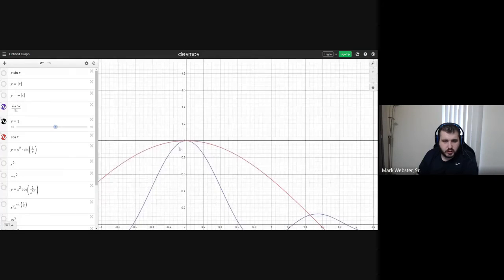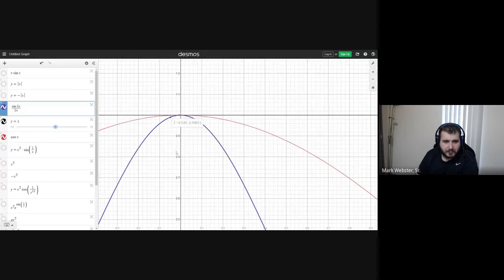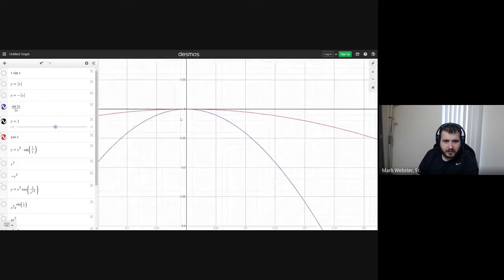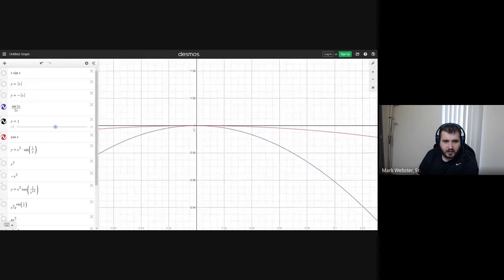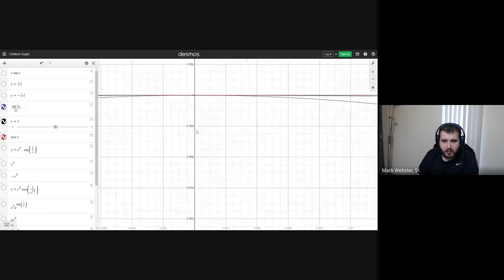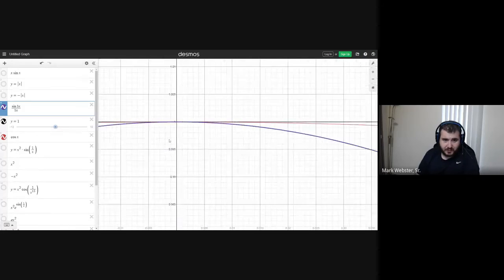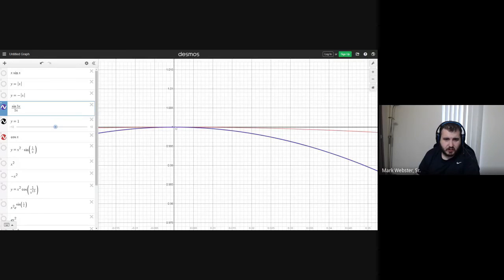This sandwich still holds, right? It may have to get really close before it gets in there properly. I don't know if you can see slowly the purple line is coming closer to that red line. You have to zoom in real far, but that's the idea, is that they all converge at 1 here.